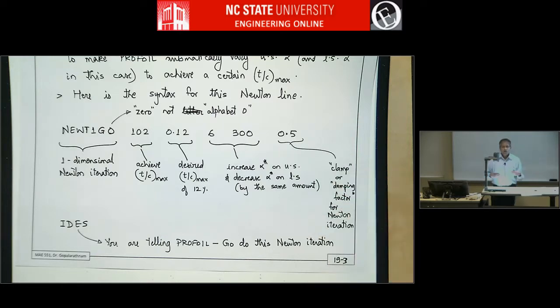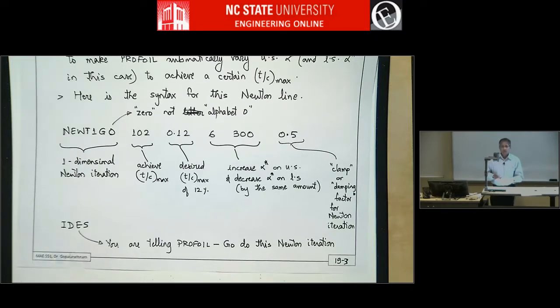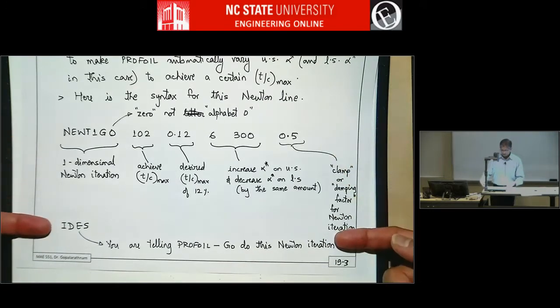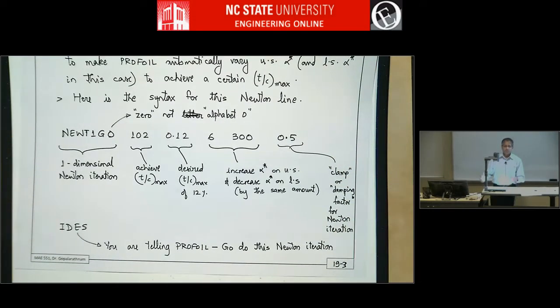You're saying go change the alpha star knob to get a thickness of 12%. You're telling that, and then here you're saying, okay, now go do it. Here you're giving the specification, here you're giving sort of the command to actually go and implement it.